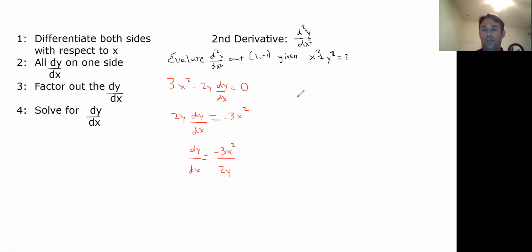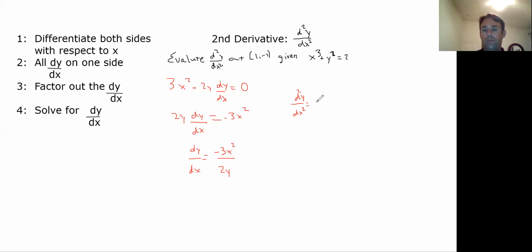All right, here we go. So the second derivative, so d squared y over dx squared, so here we go.